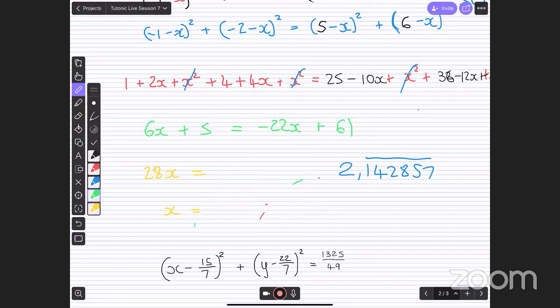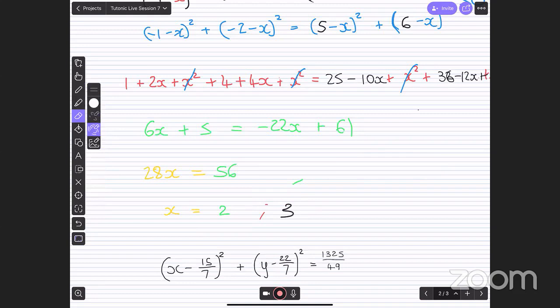And y is equal to? What did we say y is? It's just x plus 1. And if x is 2, then y is 3. Right. That looks much, much better.